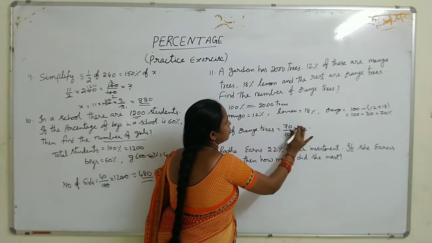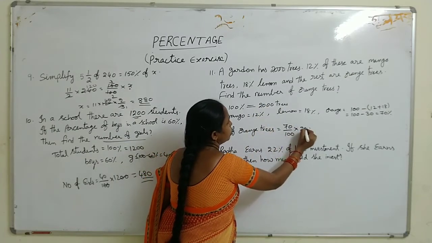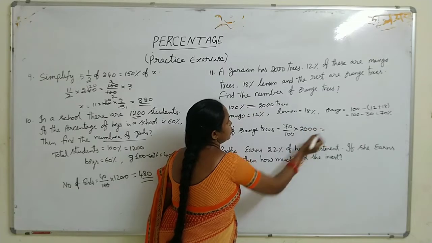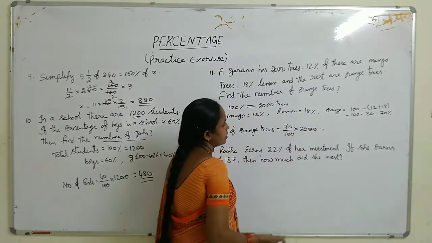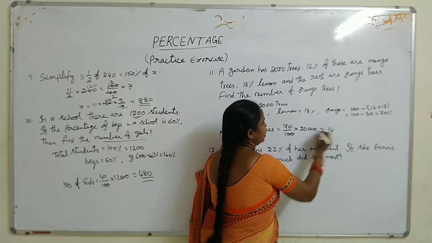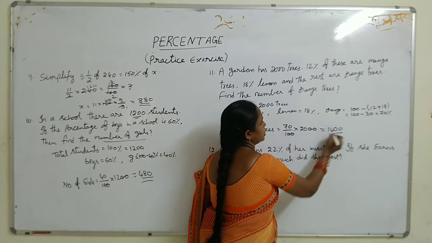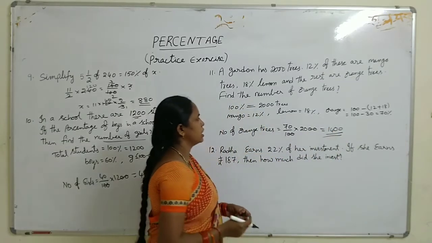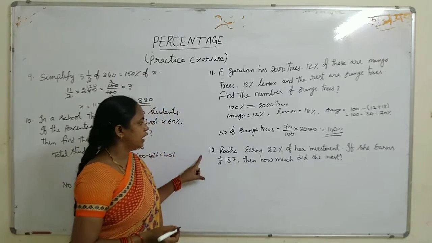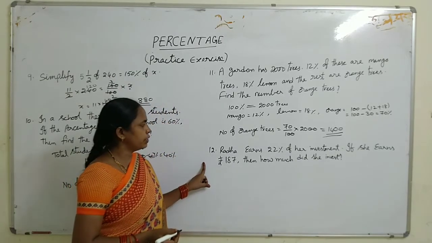So 70 by 100 into 2000. Two zeros cancel. 7 2s are 14, and two zeros, that means 1400 orange trees. Okay, next, question number 12.